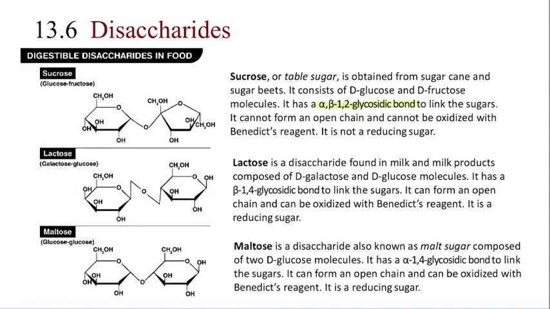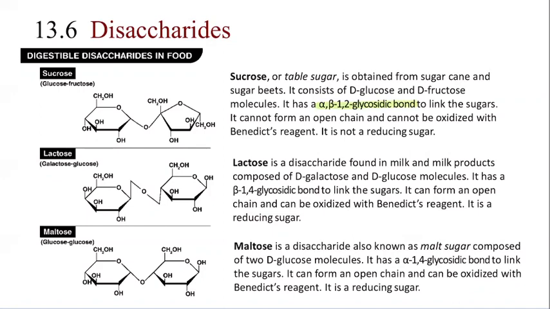So when you have two monosaccharides committed into a bond via their anomeric position, that means that they cannot go from ring form, as we see here, into an open chain. And in sucrose, that happens specifically.